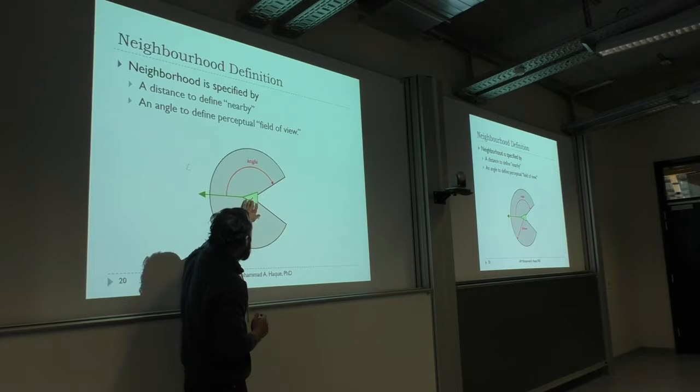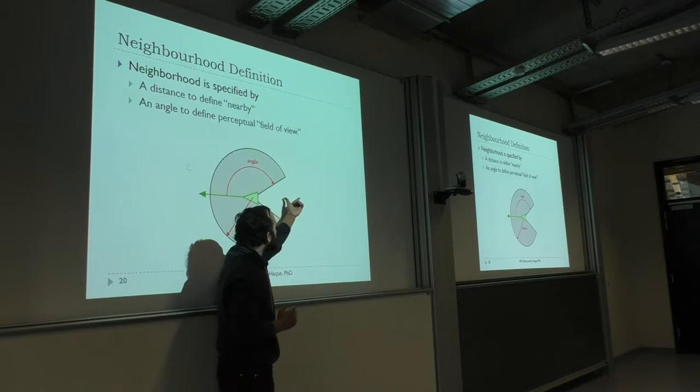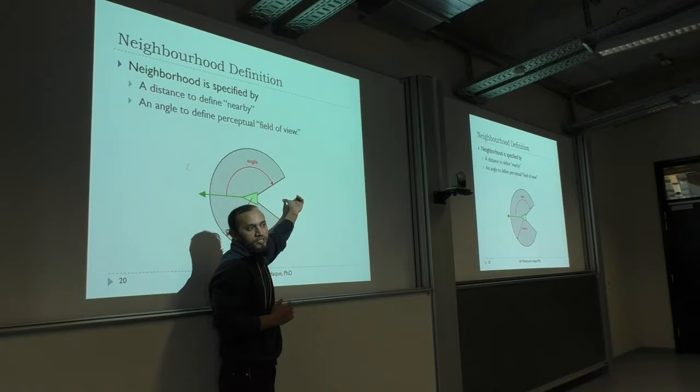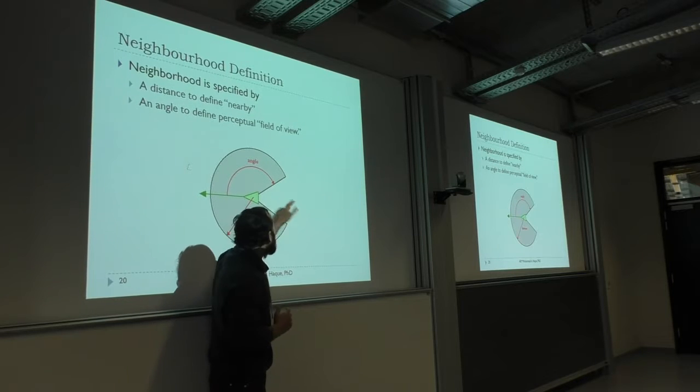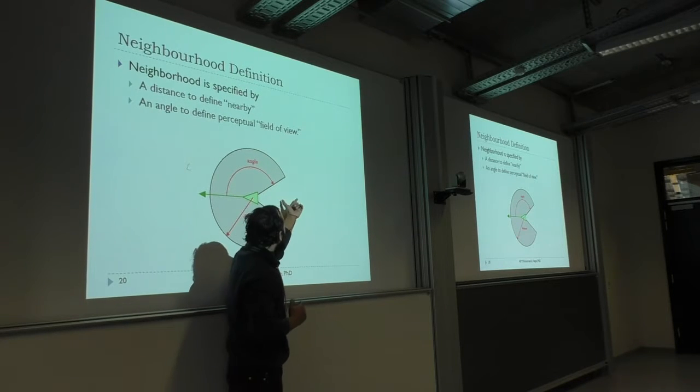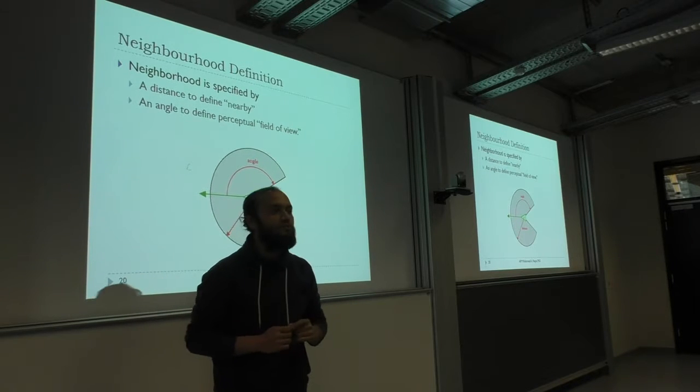So the script of this object will not do anything to maintain any distance from what is lying here. But if you have an object here, the script of this object will keep the distance, because according to the viewing angle, this object can see this one. That's why we need a neighborhood definition.